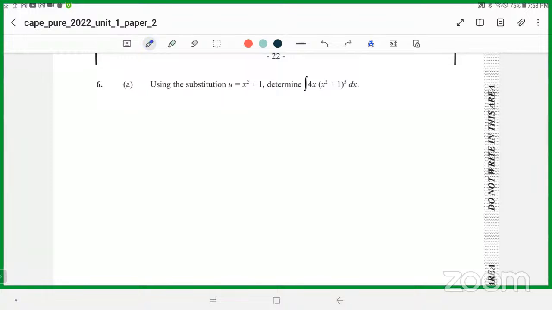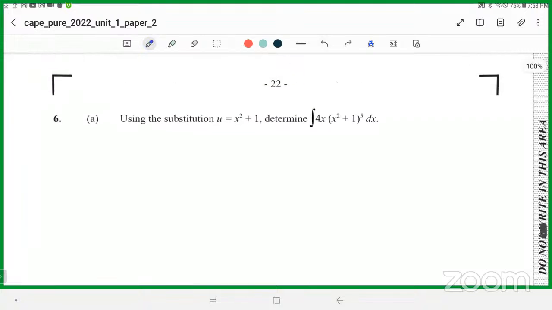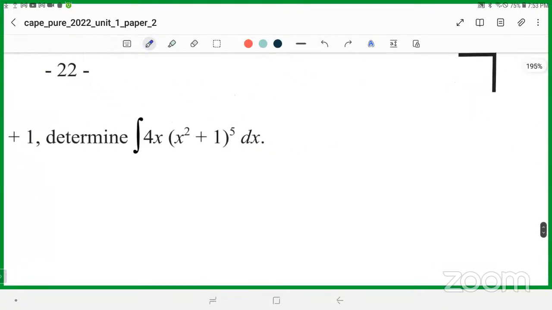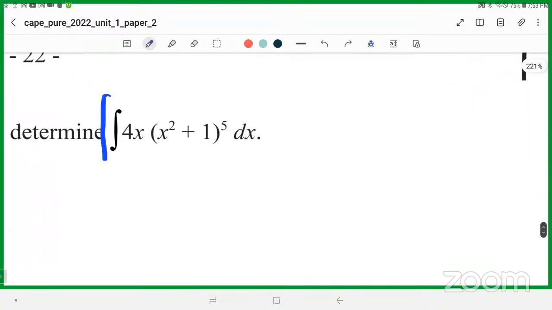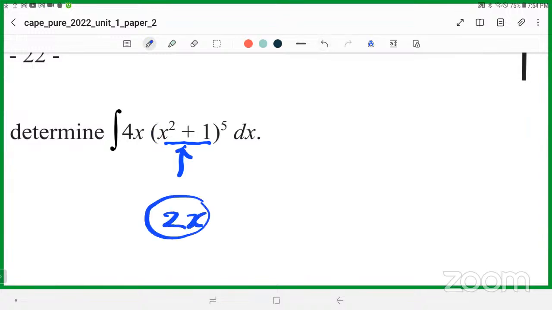The key thing, even if they did not give me this substitution to use, looking at this, to integrate this, I would know that I have to substitute u equals this inside here. Why is that? Because when I differentiate what's inside here, I am basically getting what is outside here. I'm getting a 2x, a linear function, which exists out here.